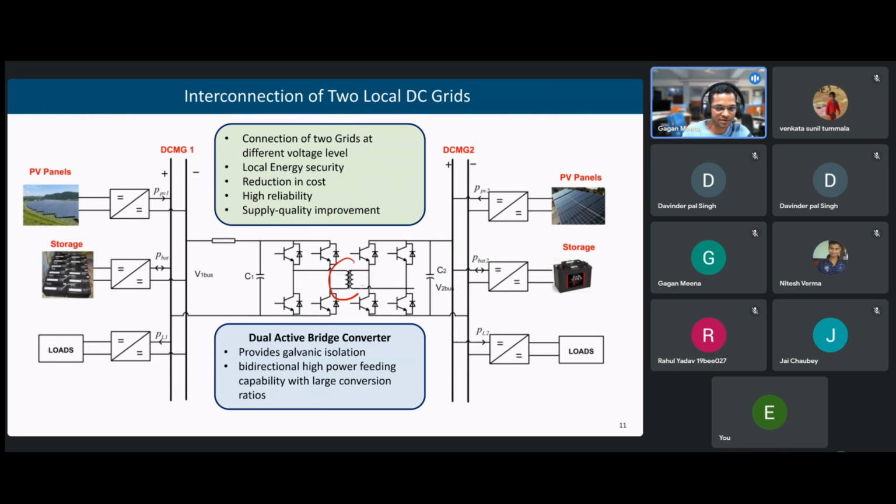It also provides galvanic isolation. So any fault on this side will not propagate here because the transformer is there, and it can feed power in both directions. This is a bidirectional converter.